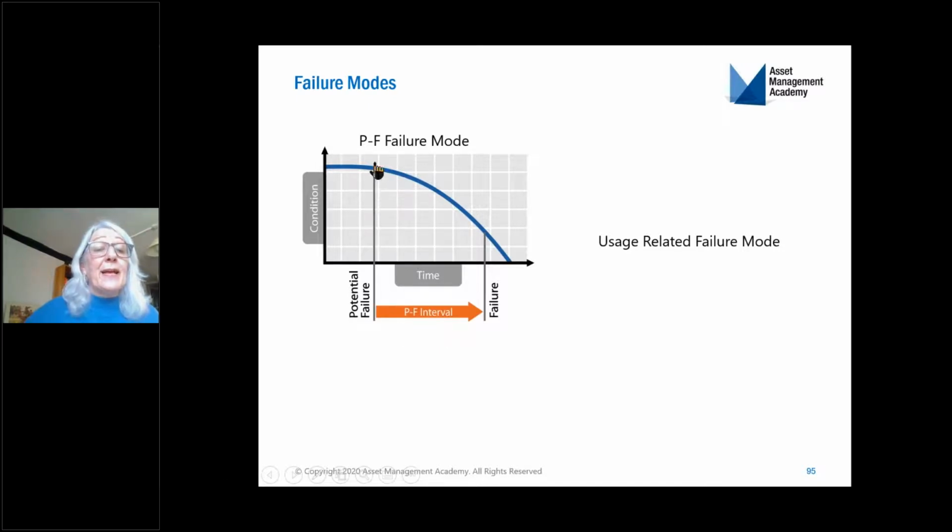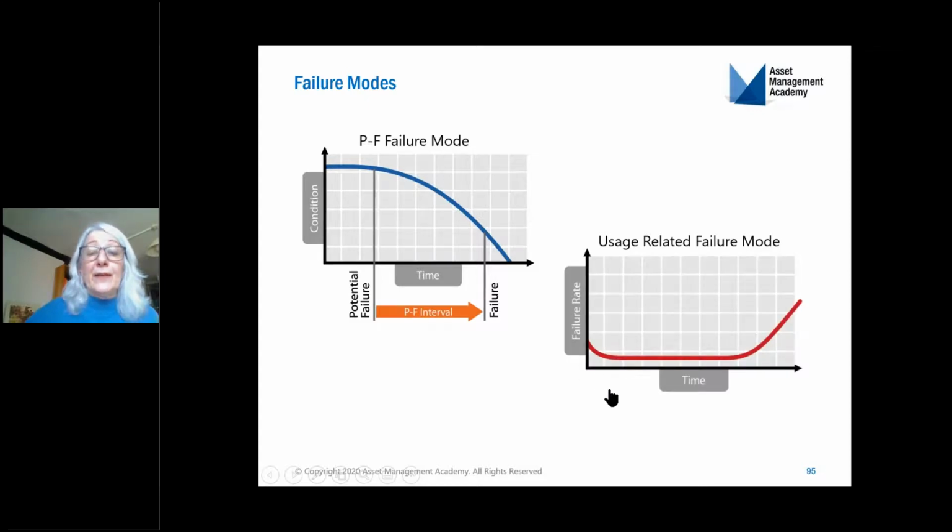But basically, I'm picking up a sign here through an inspection or condition assessment. It tells me my asset is starting to go south towards more likely failure, and I can do something about it, like, for example, replace it. That's very useful. If I can pick it up here, I can do something before it actually fails. Even better than that is usage-related failure modes, and this comes back to our old friend, the deterioration model.